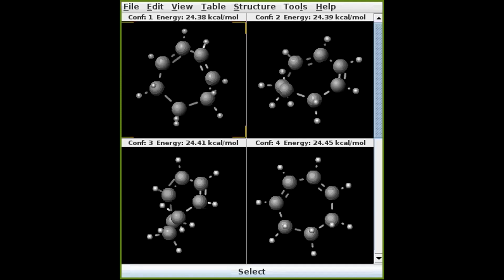Okay, so now I've saved that as our lowest energy system.